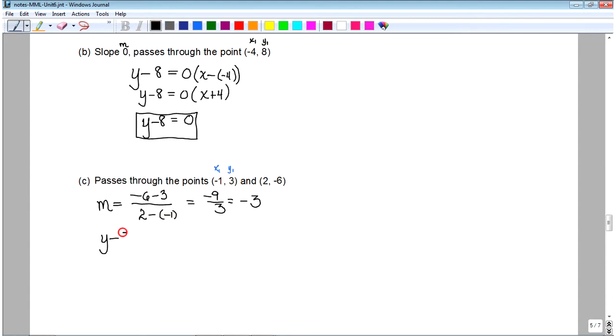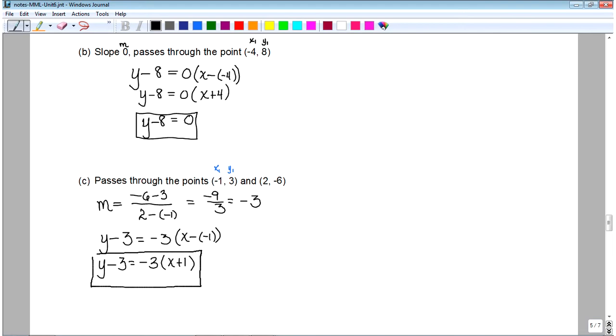So we would have y minus 3 is equal to our slope, -3, times x minus x sub 1, which is -1. So y minus -3 is equal to -3 times the quantity x plus 1. So that would be one possible answer for your equation in point-slope form.